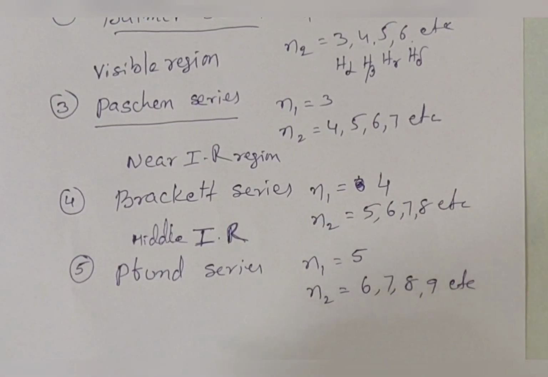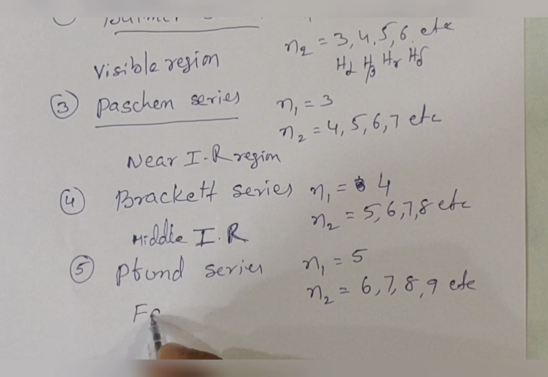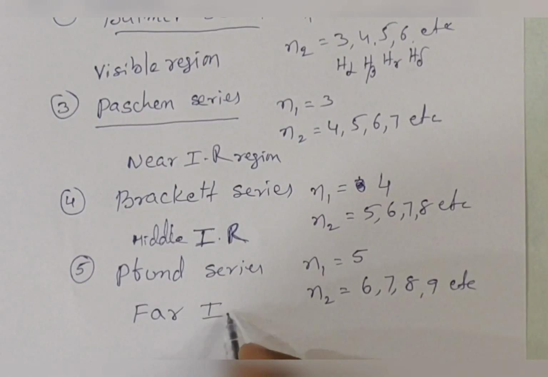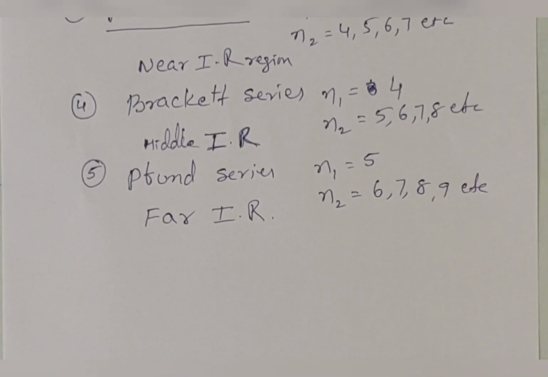This series appears in the far infrared region. These are the important spectral series of lines in the hydrogen spectrum.